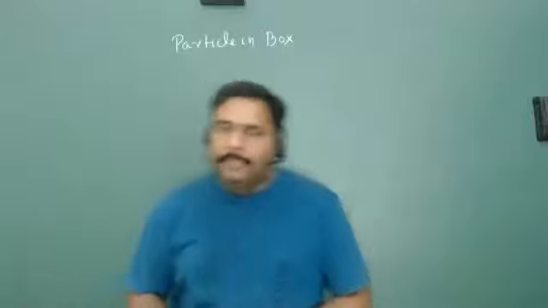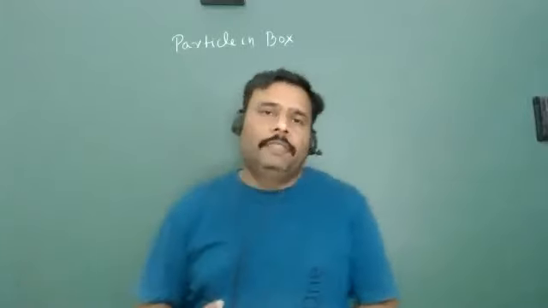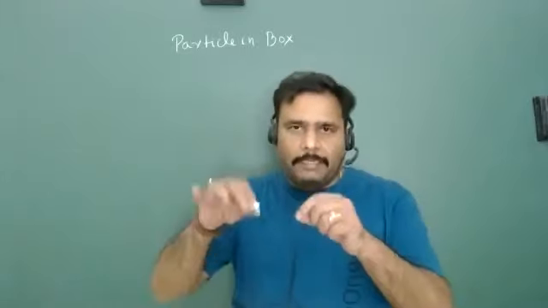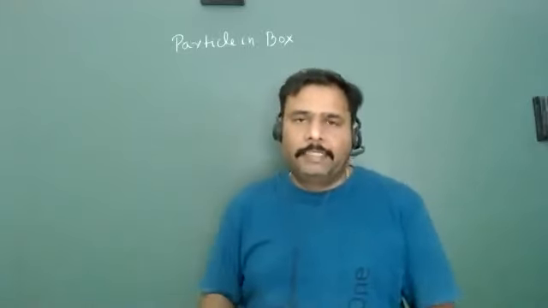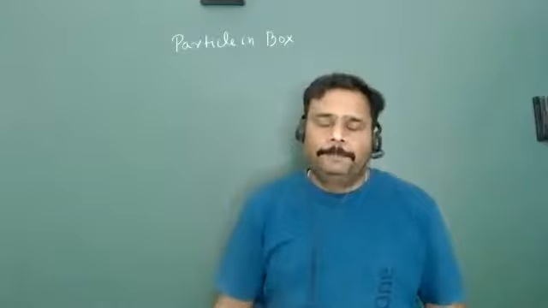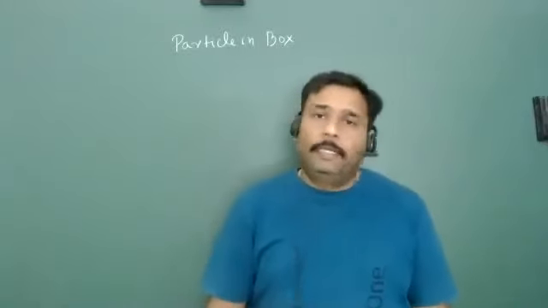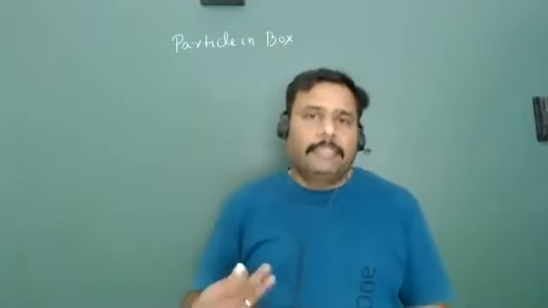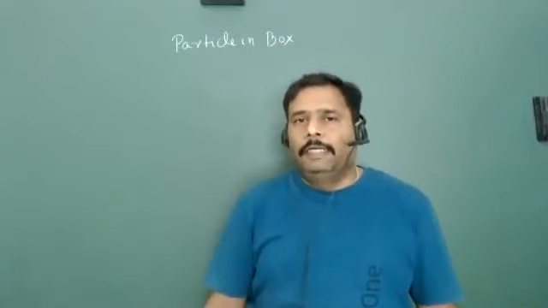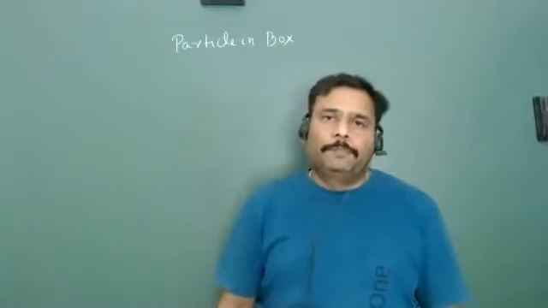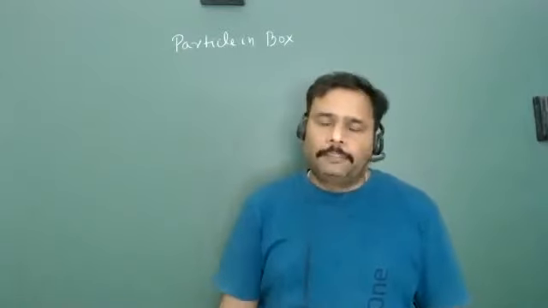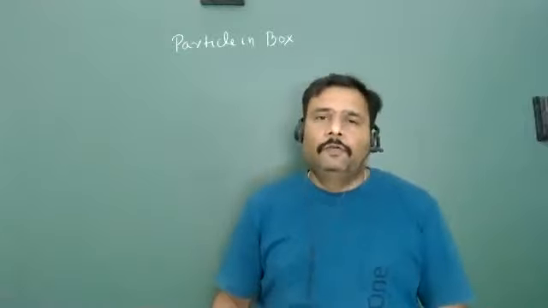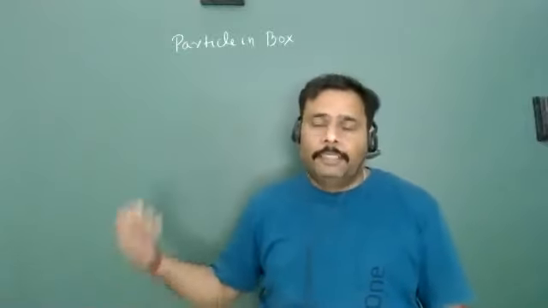In the last class, we solved the infinite box, and we confined our particle inside this box, and we solved for the eigenvalues and eigenvectors. What did we get? There is a discrete eigenvalue, proportional to n square: En is n square E naught, where n can be 1, 2, 3, and so on.